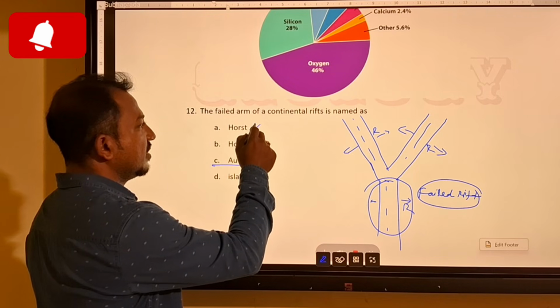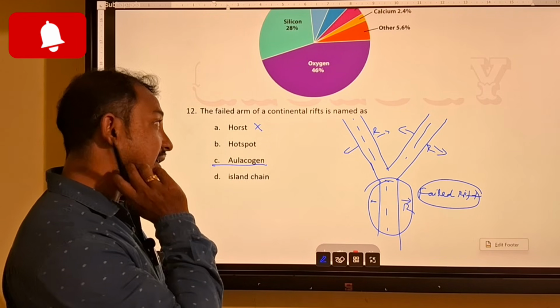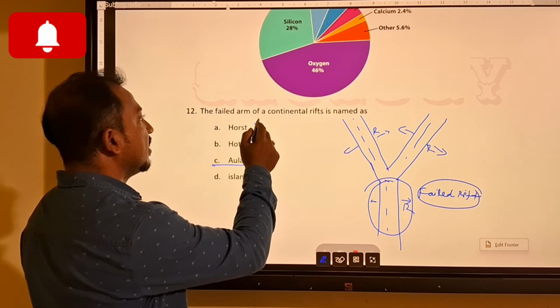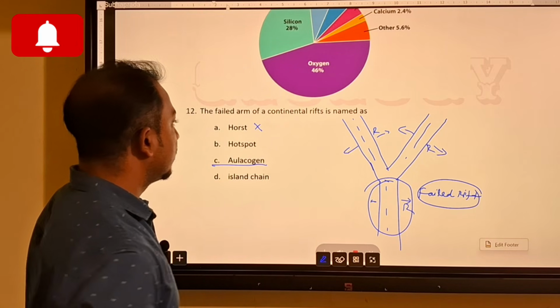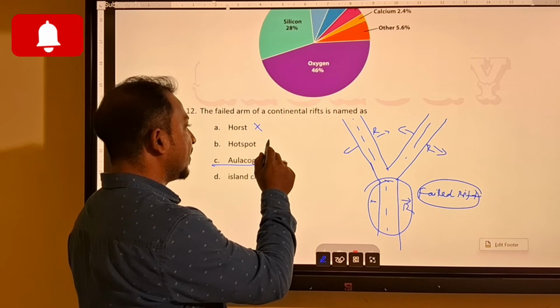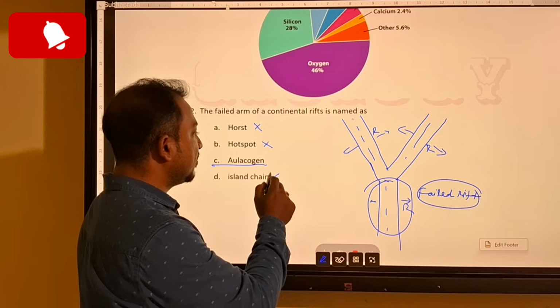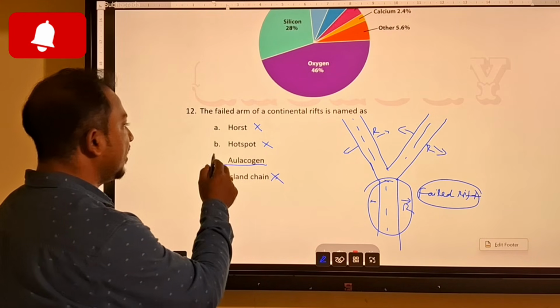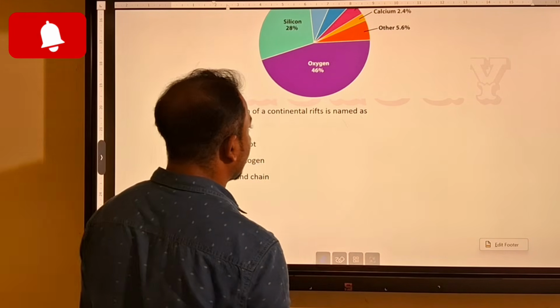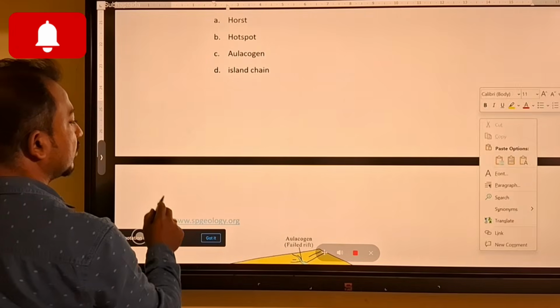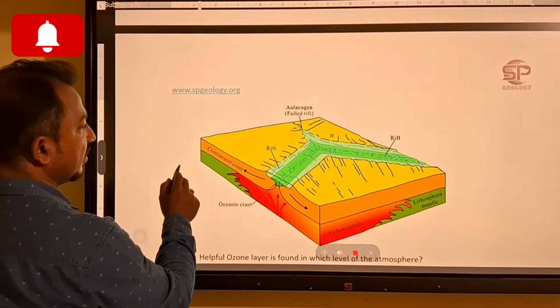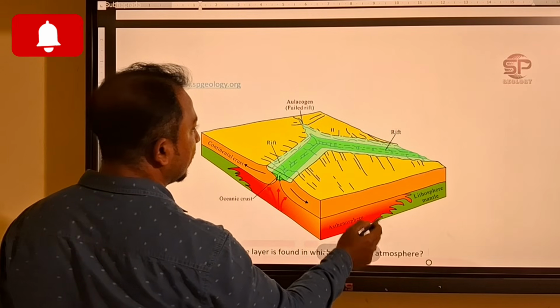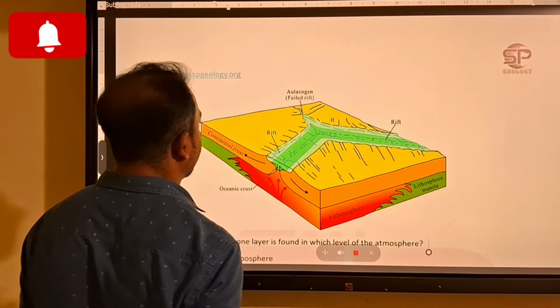A horst is a normal fault structure. A hotspot is where volcanic activity occurs. An island chain forms because of a hotspot. So the answer will be aulacogen. You can see here, these two rifts are moving, but this one is not moving.